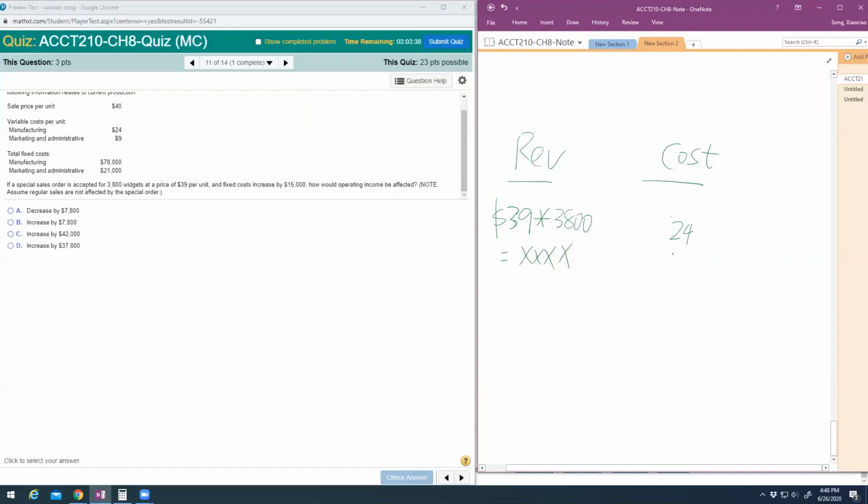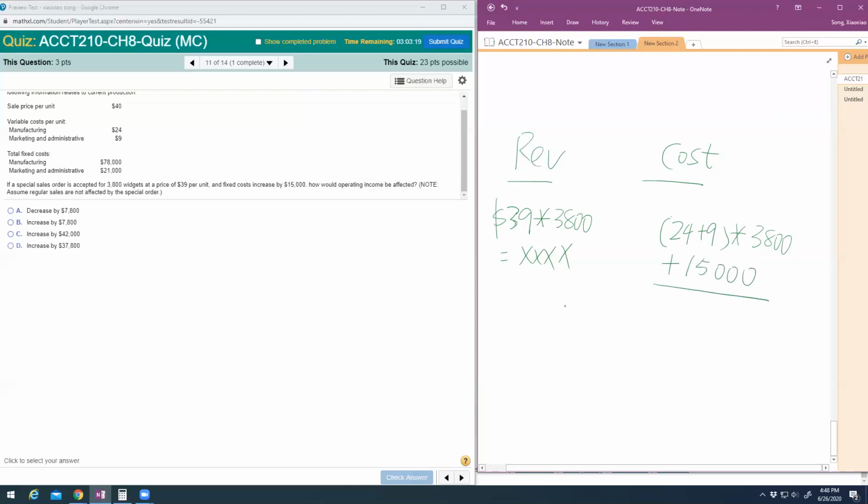You also have the marketing and administrative, so you have $9 each. So your total will be 3,800 times that, and you also have an extra fixed cost, 15,000. So your total cost is this much.